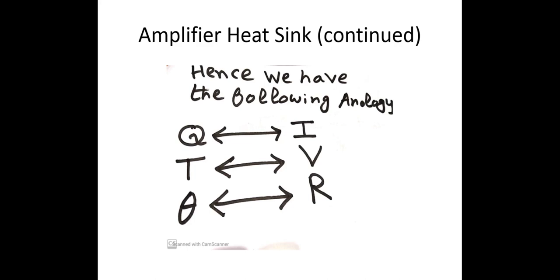This is how our analogy looks. The heat flow, which is represented by symbol Q, is analogous to current. Temperature is analogous to voltage, whereas theta, the thermal resistance, is analogous to electrical resistance.